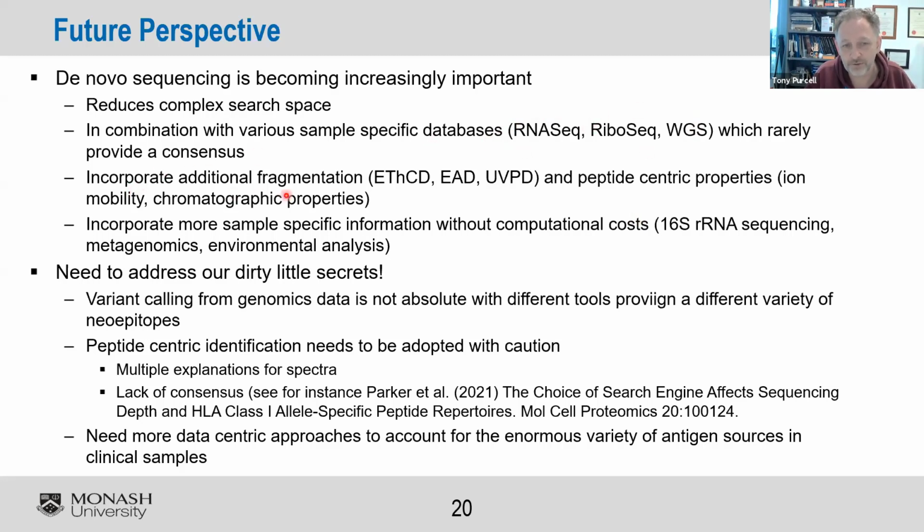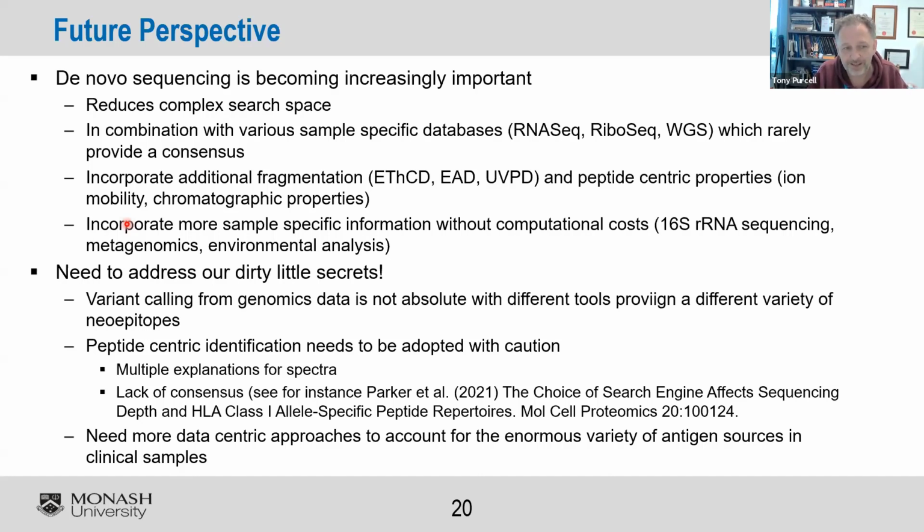We're incorporating additional types of fragmentation to improve the quality of the MS/MS spectra that we can generate, in addition to other biophysical properties of these peptides to gain confidence. We're also starting to work a lot now with 16S rRNA sequencing, metagenomics, and environmental analyses to look at other dark sources of peptides, in particular dietary antigens and microbiome-derived peptides.